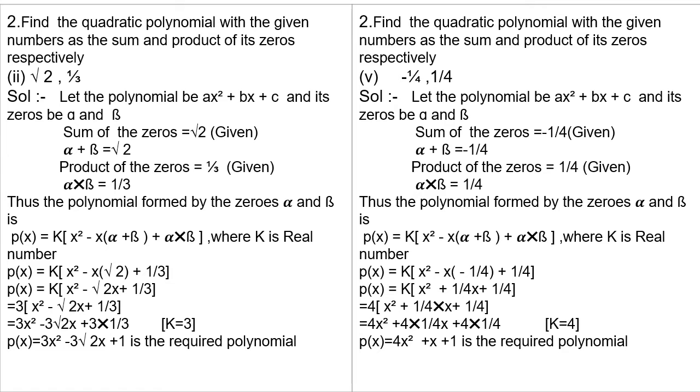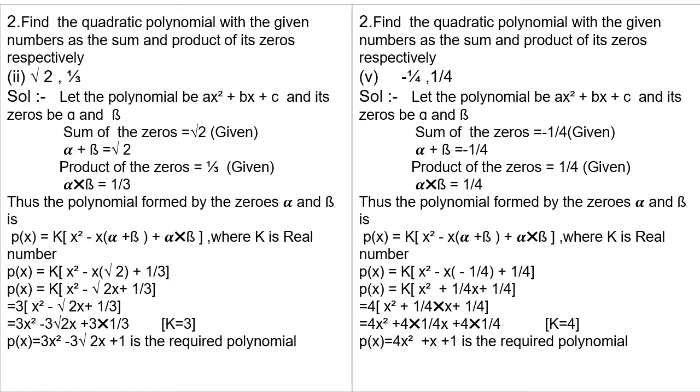So p of x is equal to k into x square minus x into, instead of alpha plus beta we are substituting root 2, because the sum of the zeros, root 2, is given. So instead of alpha plus beta we are inserting root 2, plus alpha into beta is equal to 1 by 3, given.